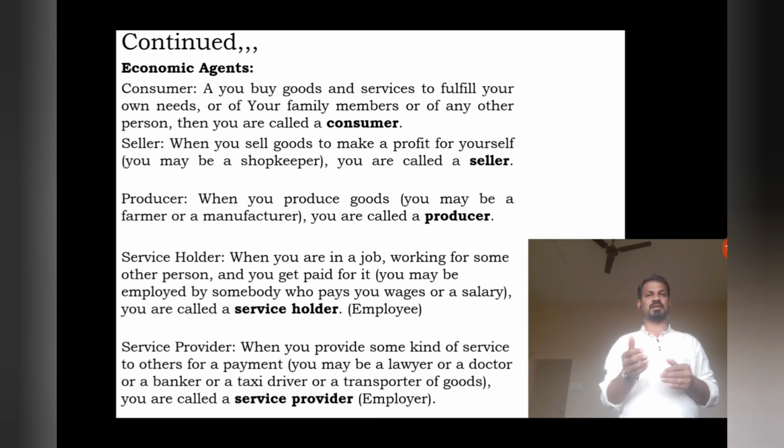If you buy goods and services to fulfill your own dreams, or those of your family members or any other person, then you are called a consumer.